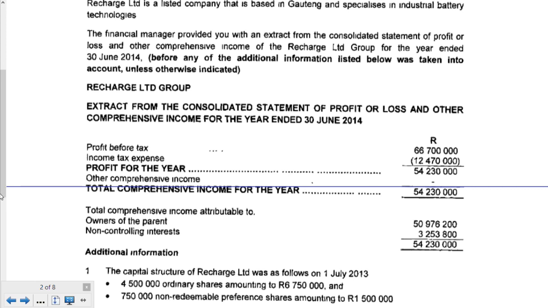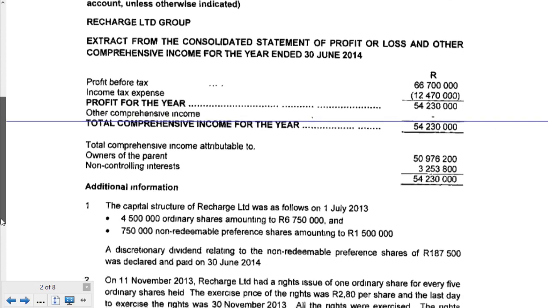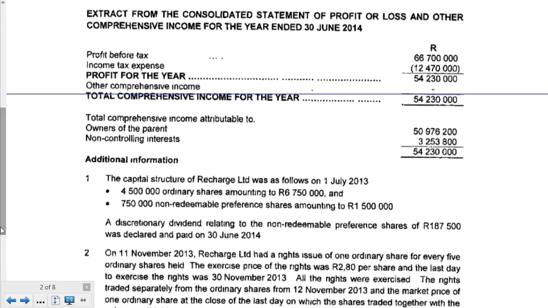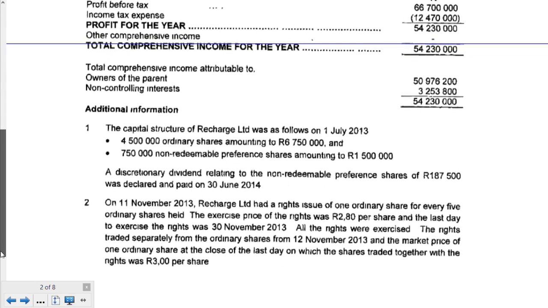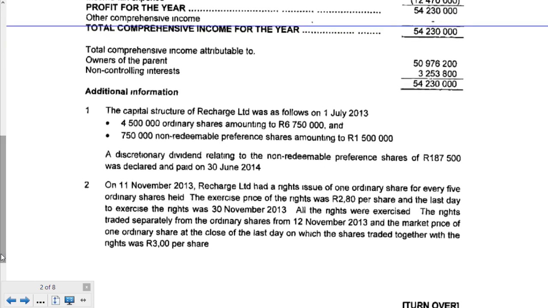And then we have a capital structure, ordinary shares and non-redeemable prefs. It looks like there was a dividend declared and paid. So out of this profit for the parents, some of that profit went to pay a pref div, so we must remove it. They had a rights issue of 1 for every 5.